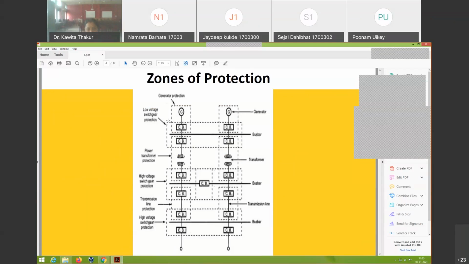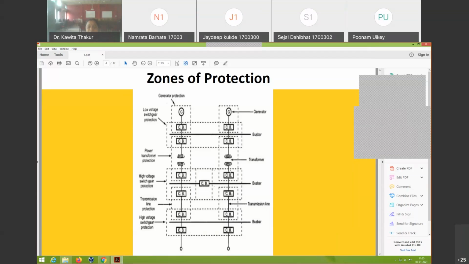This is our generator protection, low voltage switchgear protection, power transformer protection, and high voltage switchgear protection.